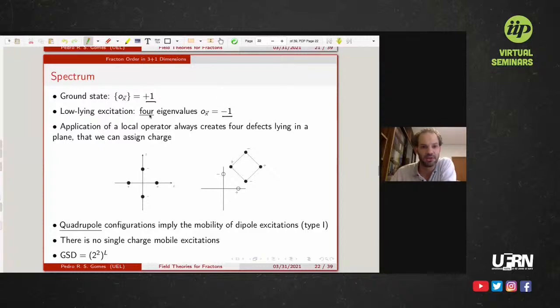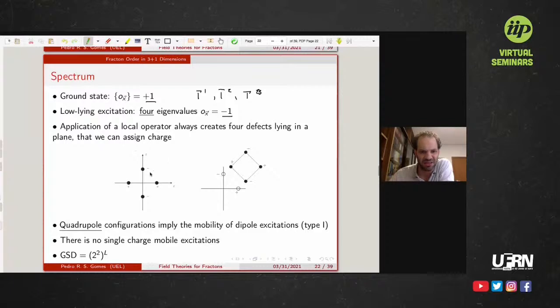Okay, so the question is why, and the point is that the application of a local operator like gamma 1, gamma 2, or gamma 3, which are Pauli matrices, always creates 4 defects which live in a plane, and we can assign a charge to these defects.